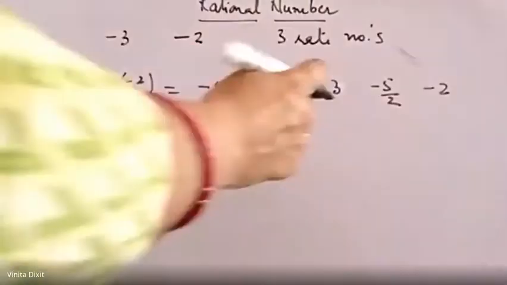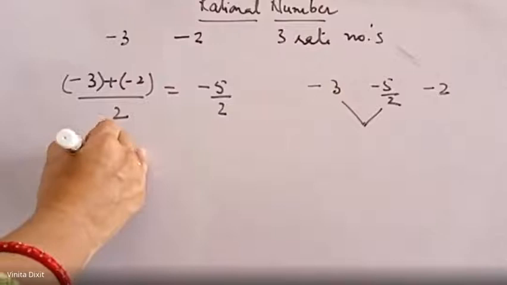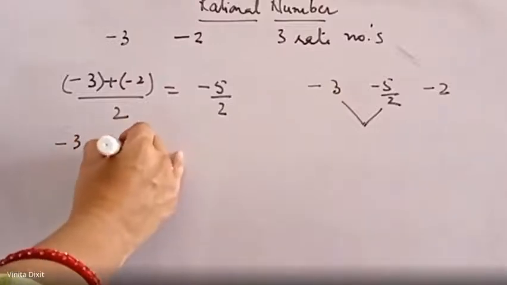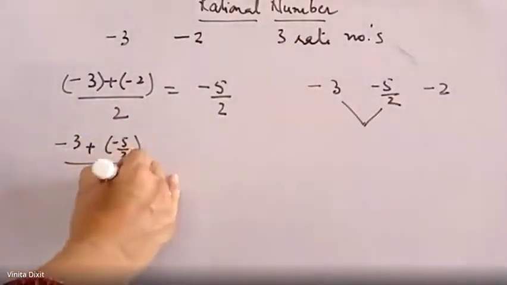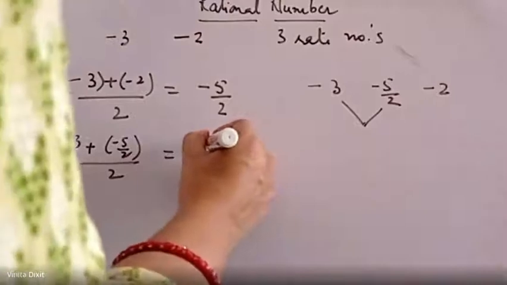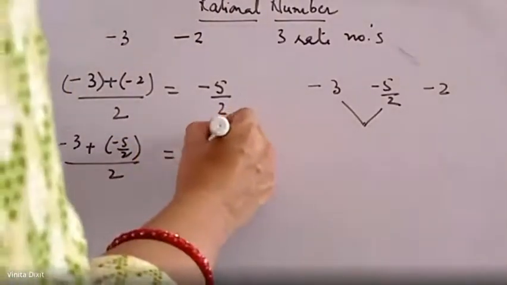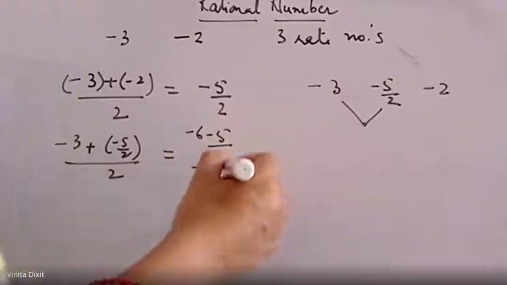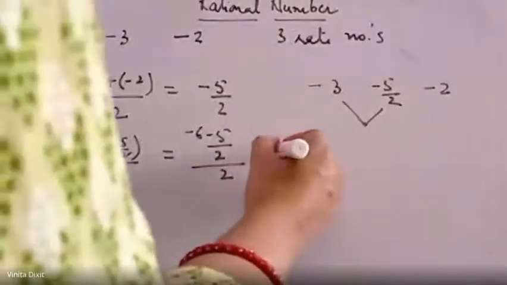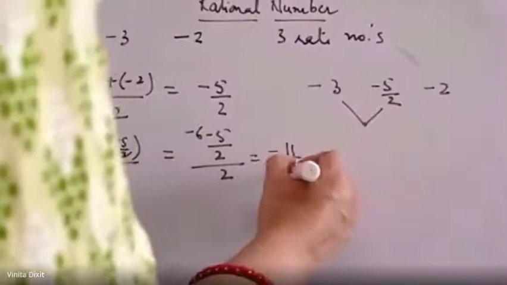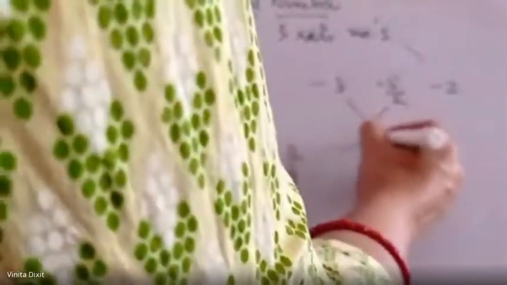Then the next one, we will add these two. So minus 3 plus minus 5 by 2, divided by 2. So you have 2 as the LCM, 2 3s are 6, and again 2. So this will be minus 11 by 4.